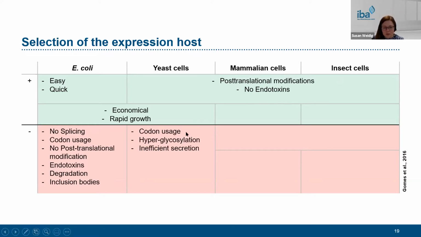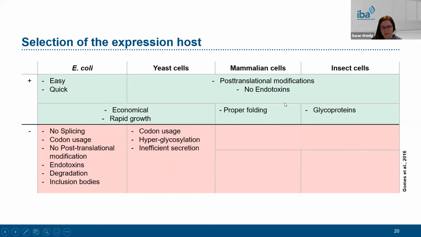For example, the codon usage is also different compared to mammalian cells or insect cells, or the higher eukaryotes. And sometimes proteins which are glycosylated are hyperglycosylated. And if you have a protein that should be secreted, we would not recommend using yeast cells, because sometimes the secretion is really inefficient.